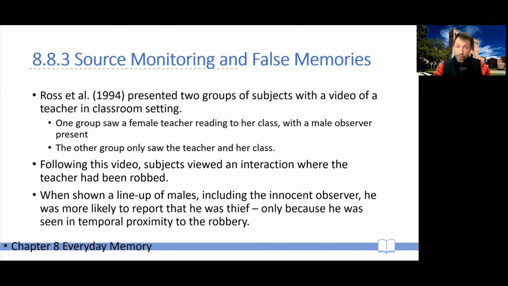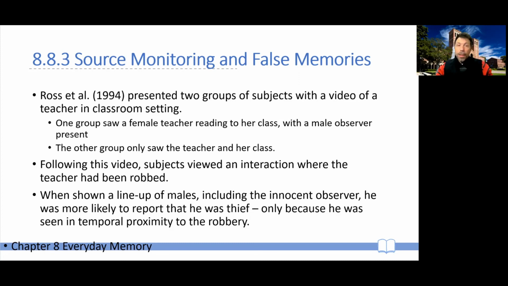Then, following this video, participants viewed an interaction in which the teacher had been robbed. Finally, they were presented with a lineup of males, including the innocent observer, and they were asked, do you recognize who it is that committed the robbery?